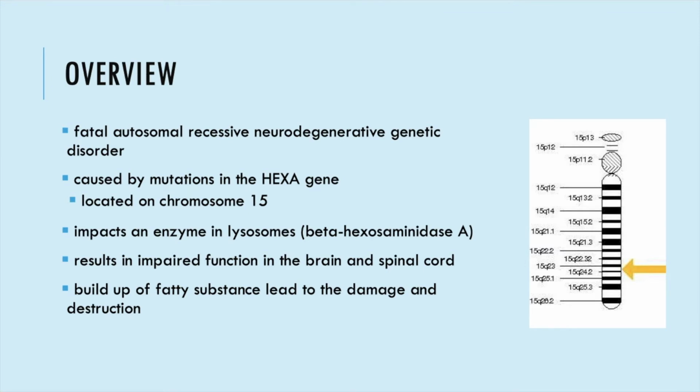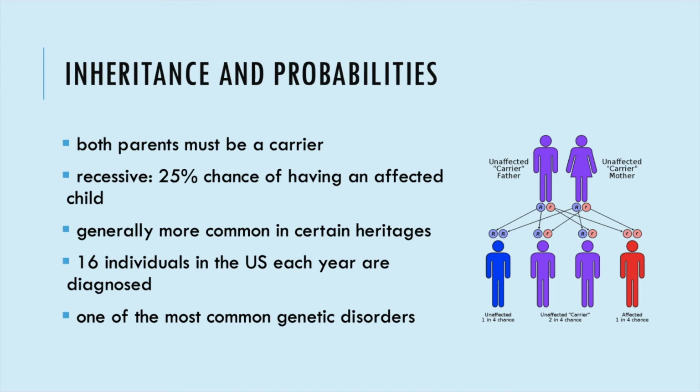The mutations in the gene allow the fatty substance produced by the enzyme to build up, which causes damage and deconstruction. And normally this is regulated and controlled by the HEXA gene.